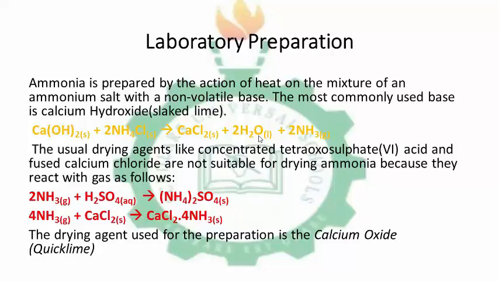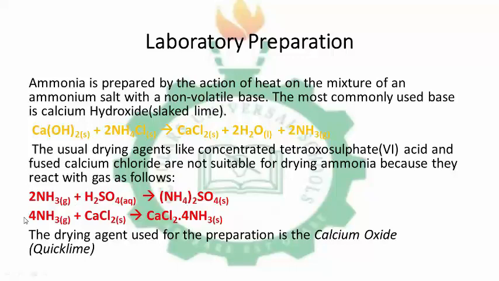Now the usual drying agents like concentrated tetraoxosulphate(VI) acid and fused calcium chloride are not suitable for drying ammonia because they react with the gas to form some complex compounds. If ammonia is dried with concentrated tetraoxosulphate(VI) acid, ammonium tetraoxosulphate(VI) salt will be produced.